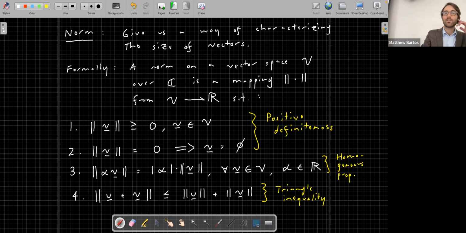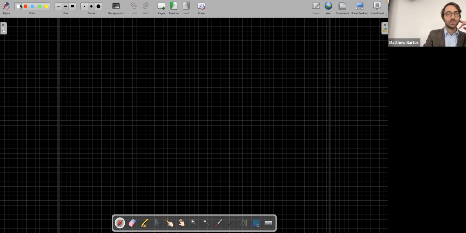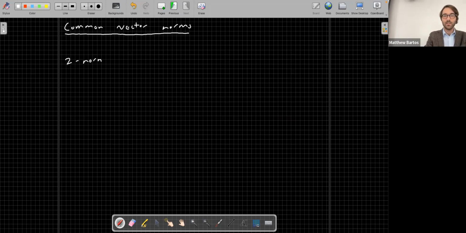So let's go through a couple of common examples of vector norms. The most common norm that you are familiar with is, as I mentioned, the 2 norm.